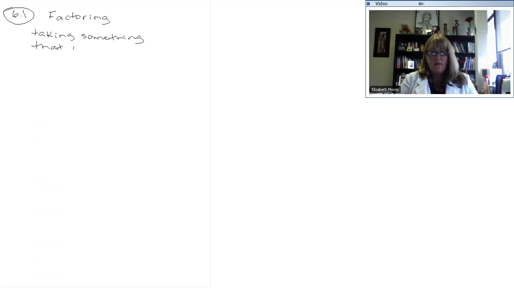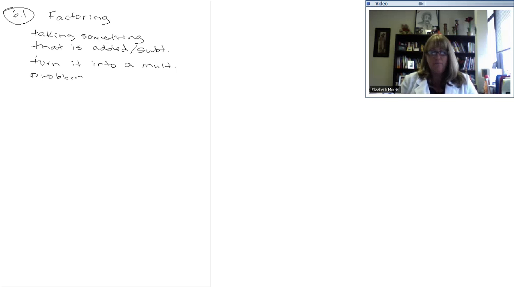6.1, which is all about something called factoring. And factoring is basically taking something that is added or subtracted and turn it into a multiplication problem.